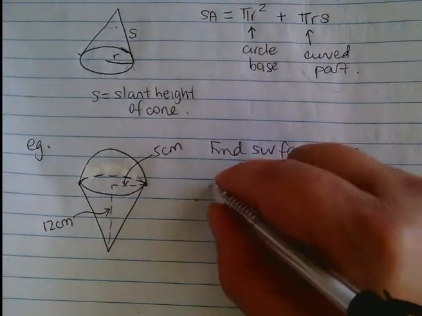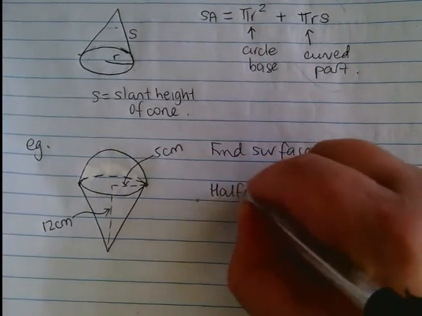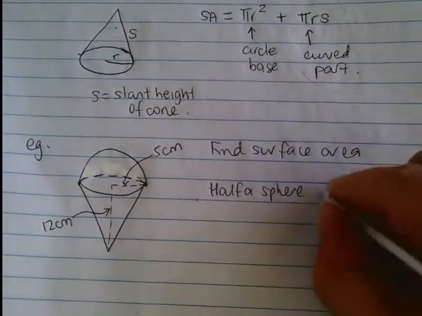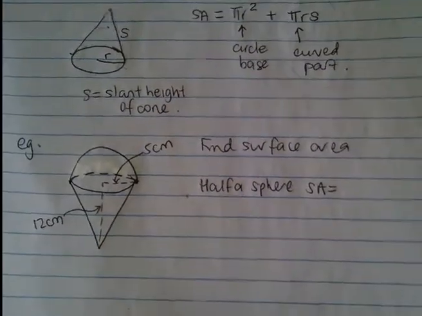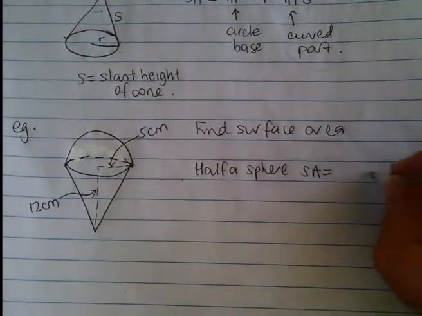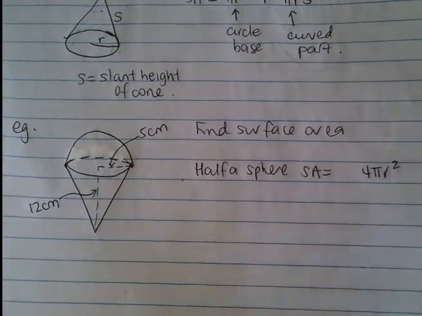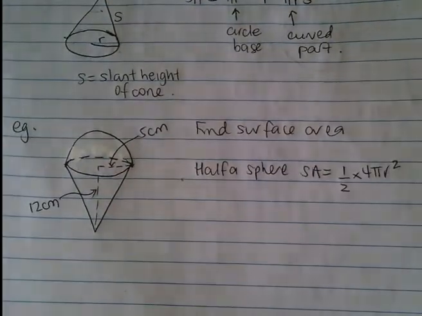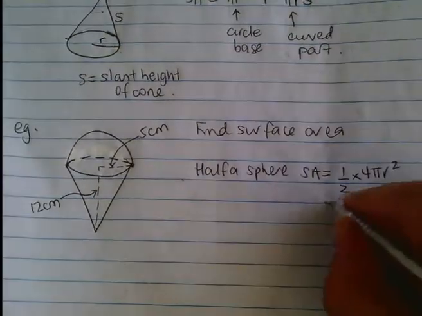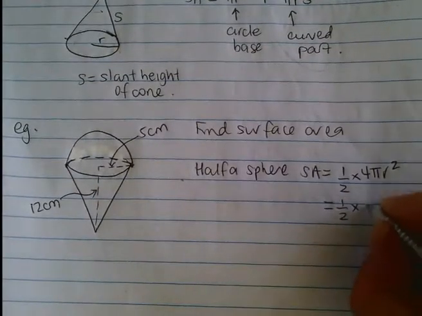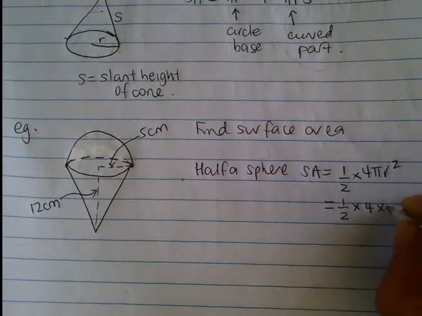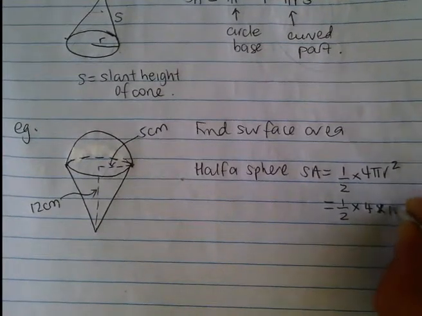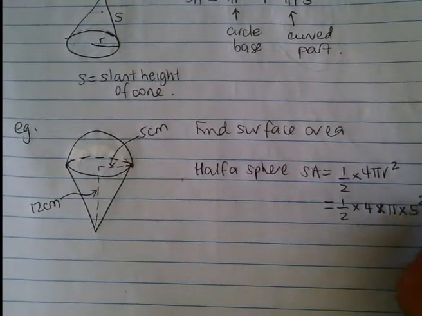So, what have I got? Half a sphere. The surface area is what? Well, surface area of a full sphere is 4 pi r squared. So it's a half of that. Do you get that? Which is a half of 4 times pi times 5 squared.